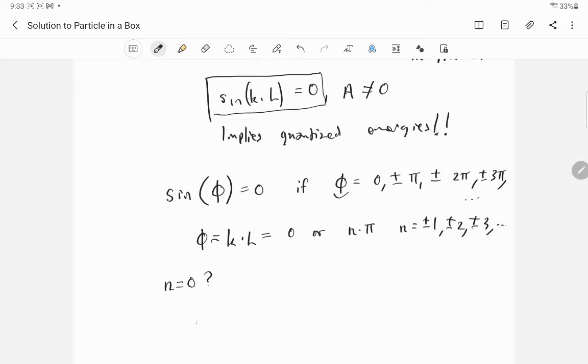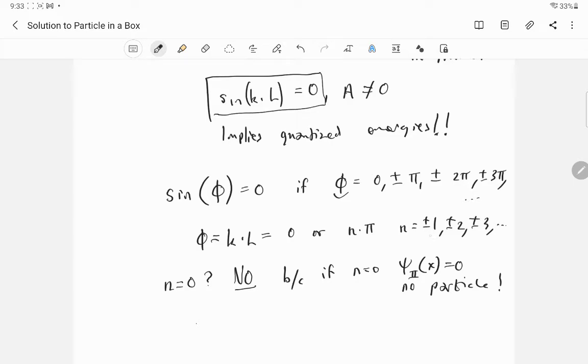Can n equal 0? Let's say no, and that's because if n equals 0, the wave function in region 2 as a function of x equals 0, and again, we have no particle. So let's not allow, just on physics grounds, on the choice to still have a particle in existence, there is no such thing as the n equals 0 quantum number.